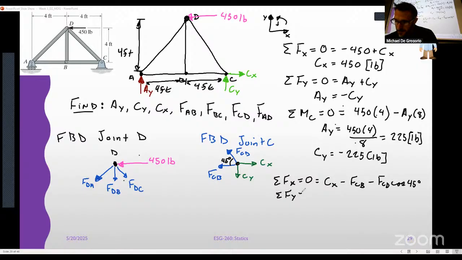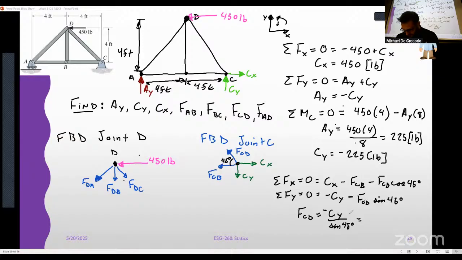Sum the forces in the y direction. You get negative CY minus FCD sine 45 degrees. Well, we should be able to solve that second one right away for FCD, right? FCD is equal to negative CY divided by sine of 45 degrees. CY we found was 225, right?